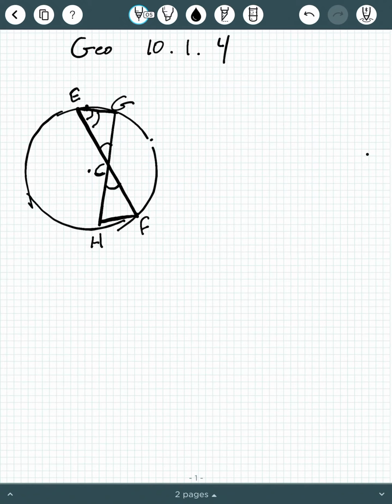And angle H is also opening up to arc GF. Since they open to the same arc and they're both inscribed angles, they must have the same measure. So that was a fact that let us use similar triangles. And that way, if we knew that relationship, we could use ratios to come up with a value like x there, since they were similar triangles.